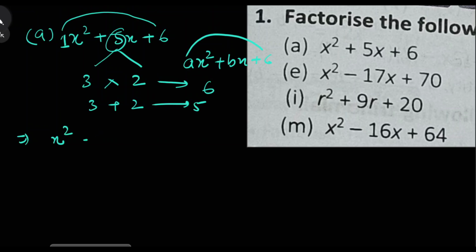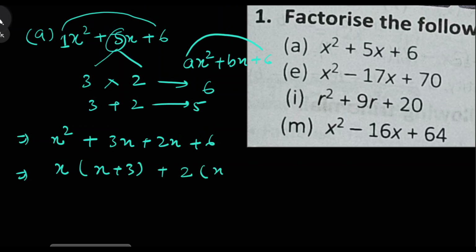So we can write it again like this: x square plus 3x plus 2x plus 6. Taking x as a common here, we have x plus 3, and taking 2 as a common here, we have x plus 3. When you see these two brackets are the same, then you are going in the right direction. If you're not getting the same bracket, then you are solving the question in the wrong way.